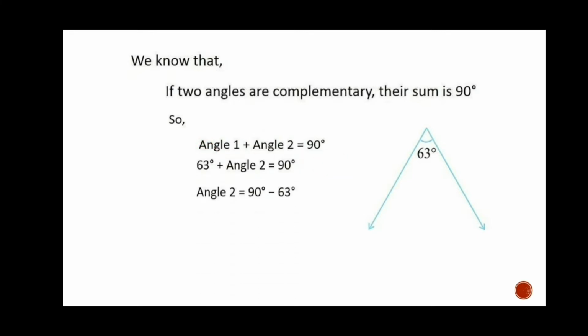Then for angle 1 we will place 63 degree. 63 plus angle 2 will be equal to 90 degree. And angle 2 will become 90 minus 63 degree. See, wherever we need to find the complementary angle, we need to subtract it from 90 degree. So the complementary angle of 63 degree is 27 degree.